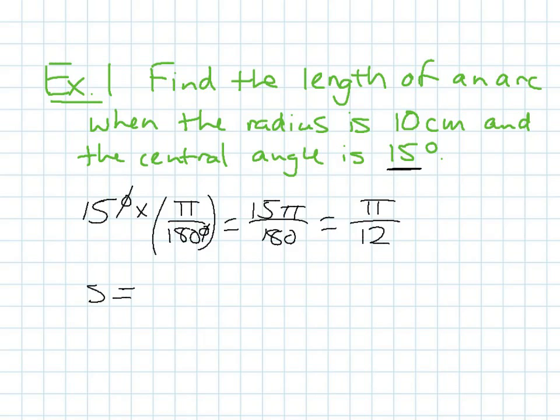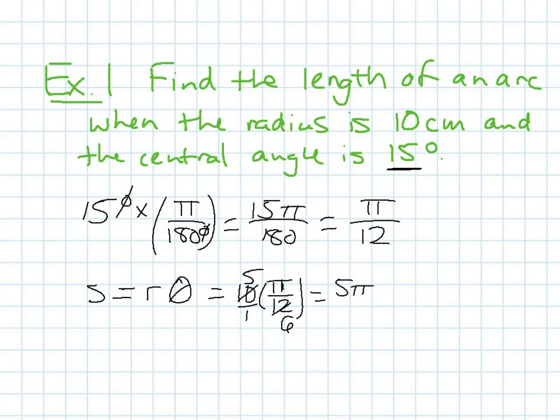And so that'll be the theta that I use for my equation. To reiterate, S equals R times theta. S stands for arc length, R stands for your radius, and theta is the angle measurement. If I plug in what I know, 10 centimeters is my radius, and pi over 12 is my radian measurement. Then I can do a little simplification.